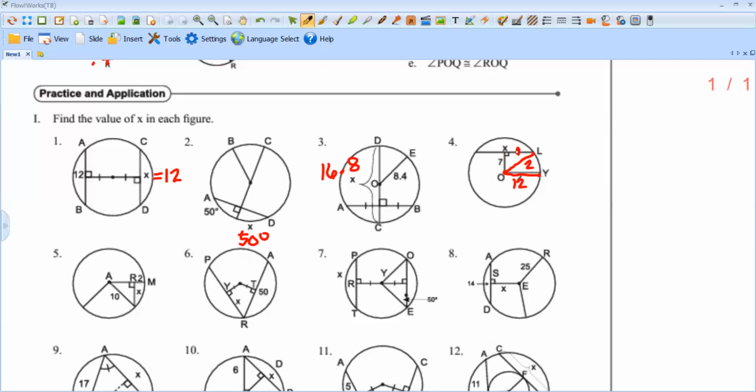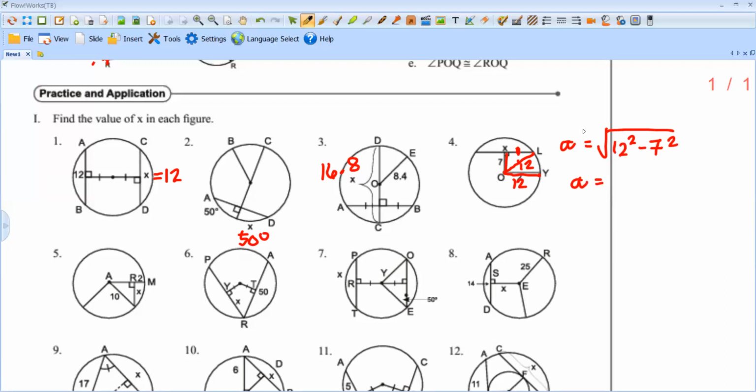Okay, so let us say that this side is A. So A is equal to the square root of 12 squared minus 7 squared, because this side should be shorter than this side. So this is 12 also. Anyway, the concept is like that.